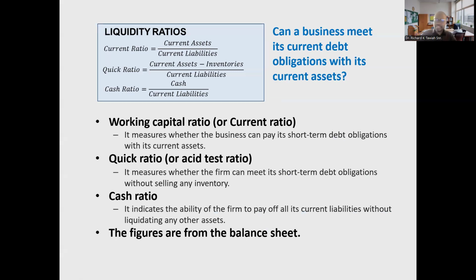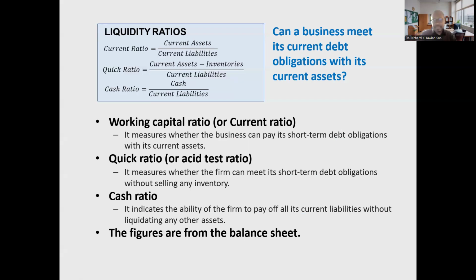That's the interpretation. Let's say you calculated the quick ratio and got 1.25. The same interpretation: for every £1 of current liabilities you owe, you have 1.25 of current assets to pay for it. That's it. Okay. If it's more than 1, it's better.